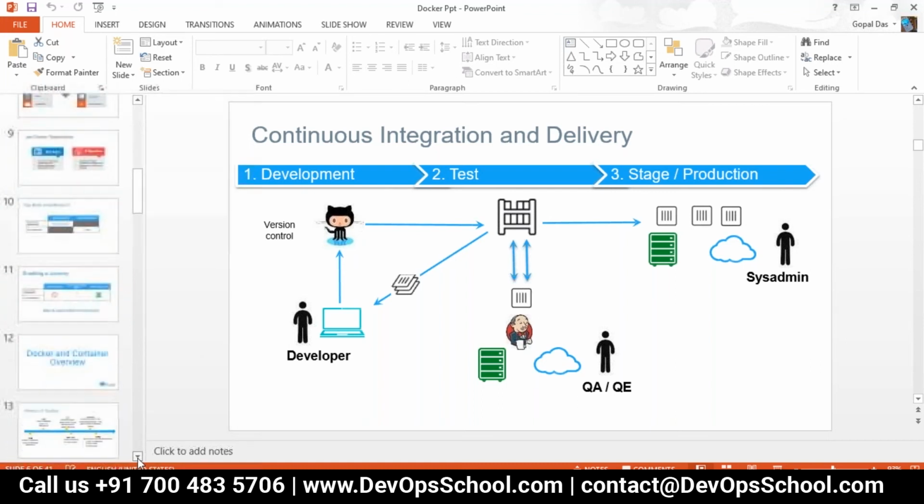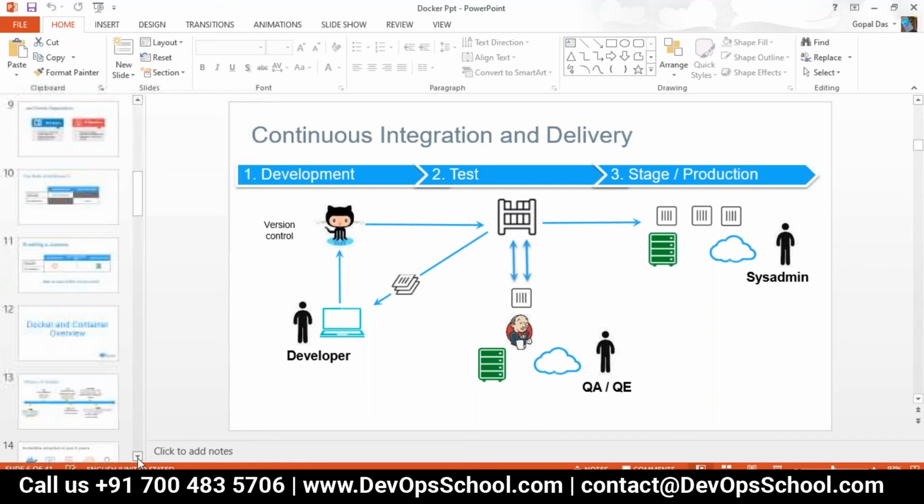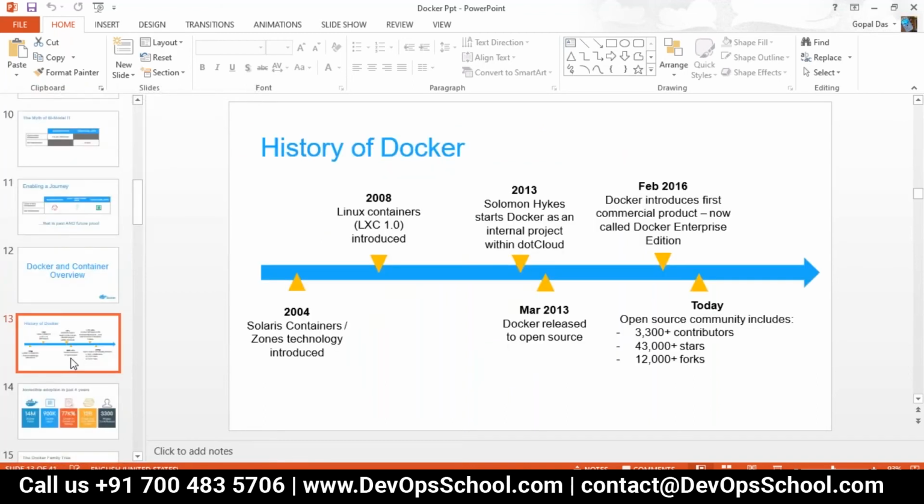Containers are not new. They have been there for a longer duration. From 2004, Solaris came up with container technology. Then it was adopted by LXC, Linux Container Service.